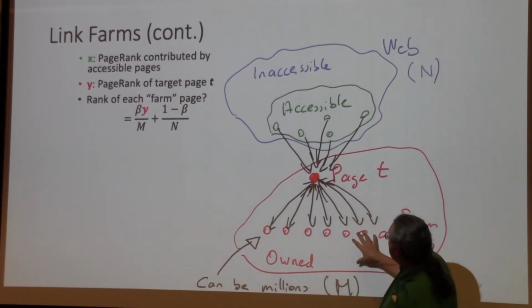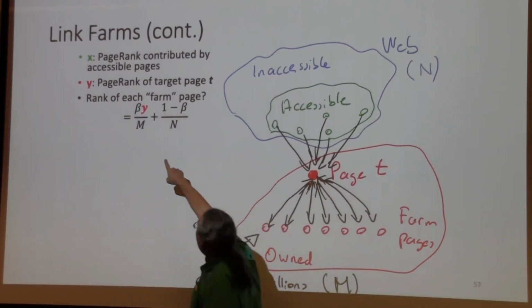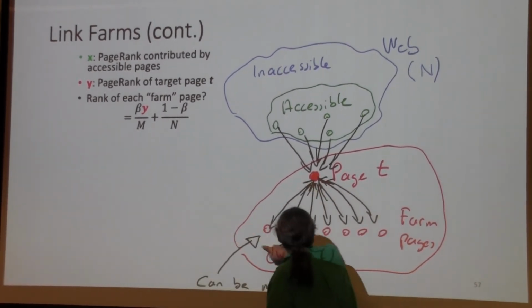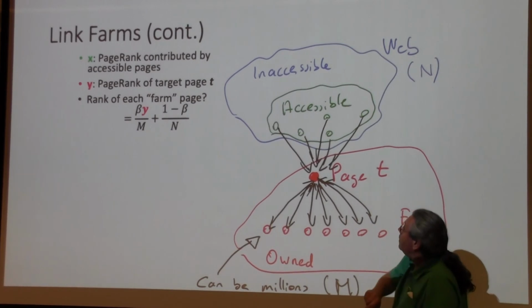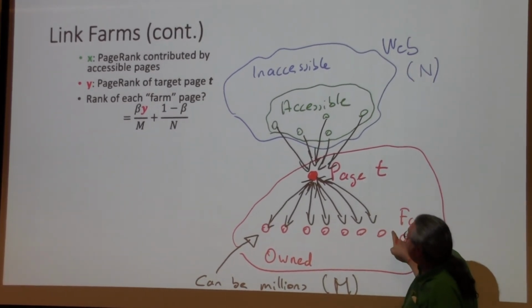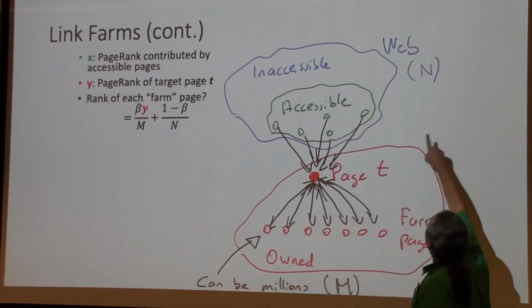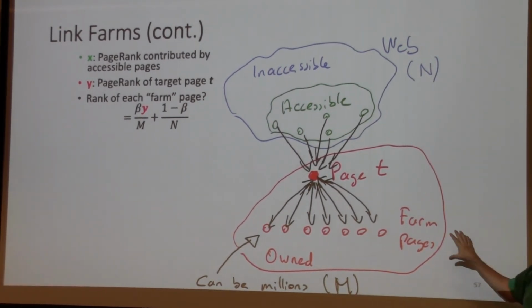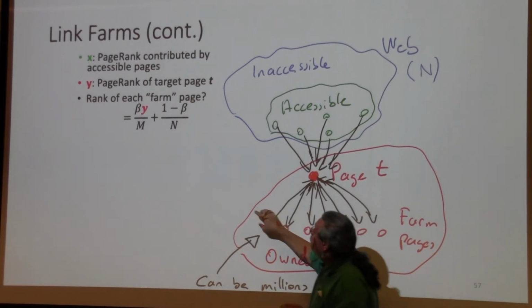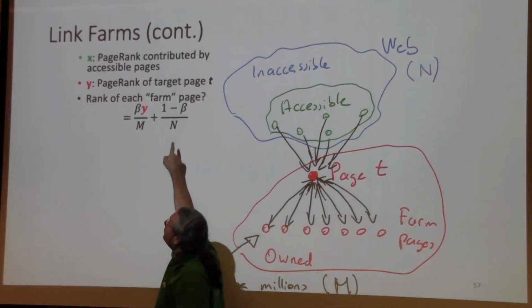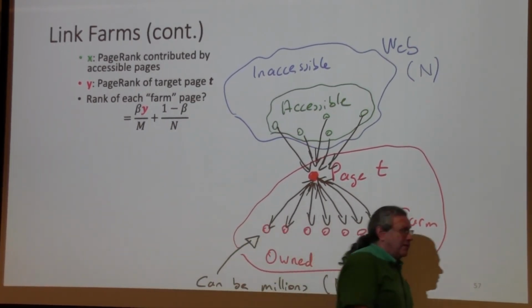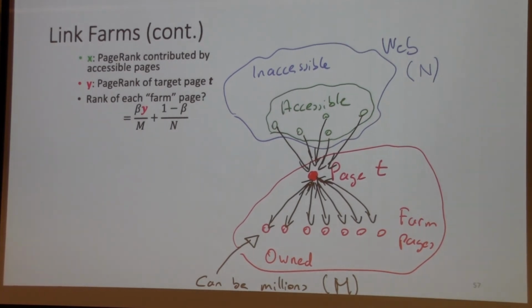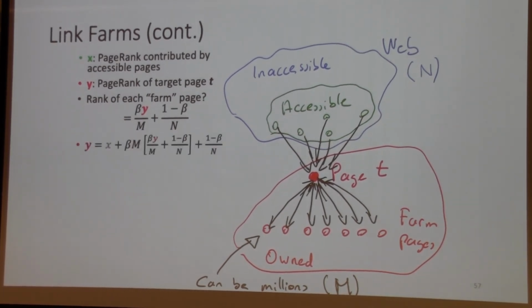So you have a contribution of beta y over m from page T. You also have a contribution of 1 minus beta over n from the regular PageRank teleportation. So each farm page has this rank. Right? You see that? That's how we figured it out before.